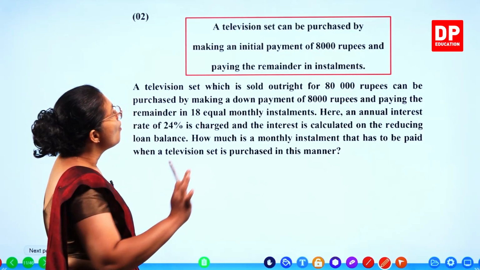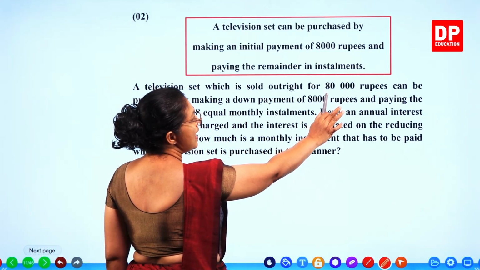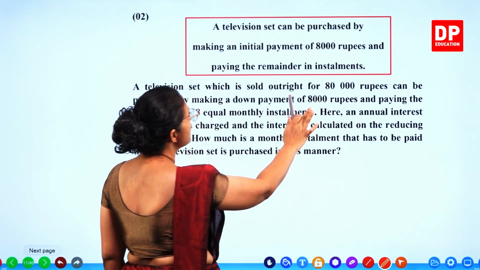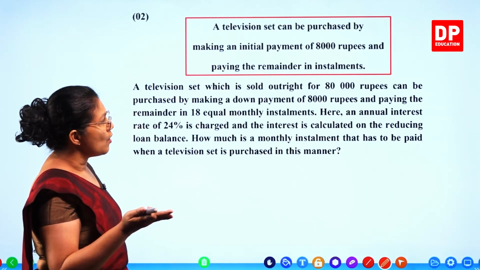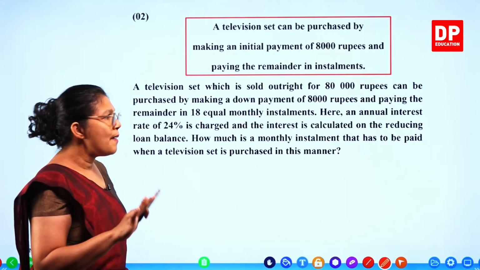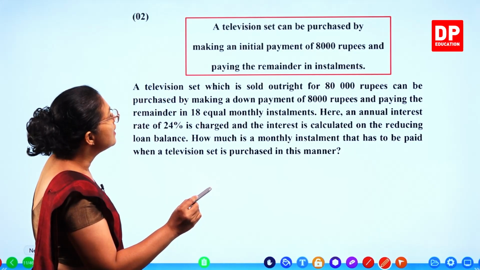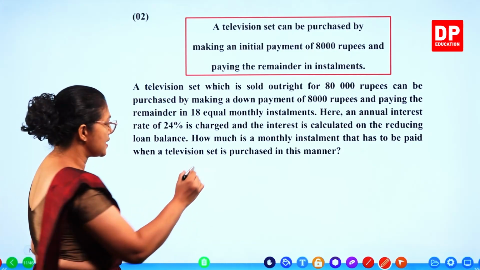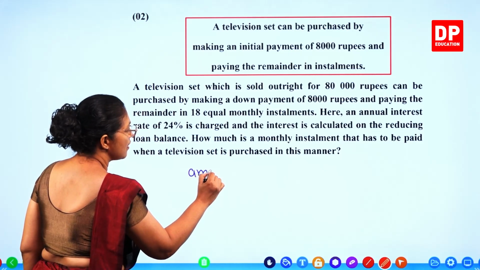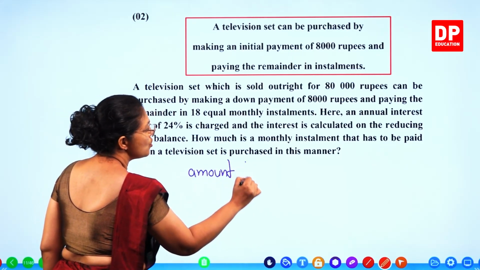So, the television set is 80,000 rupees, but the down payment is 8,000. So, you have to find out the balance first. So, let's find out the amount to be paid first. Amount to be paid.